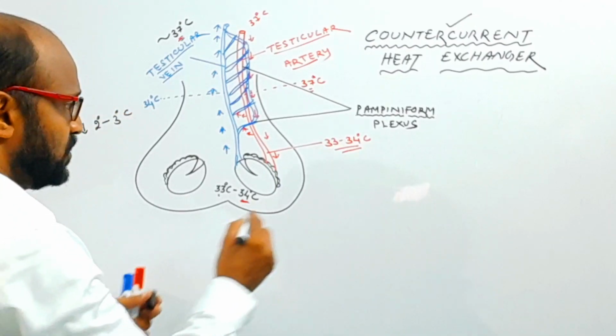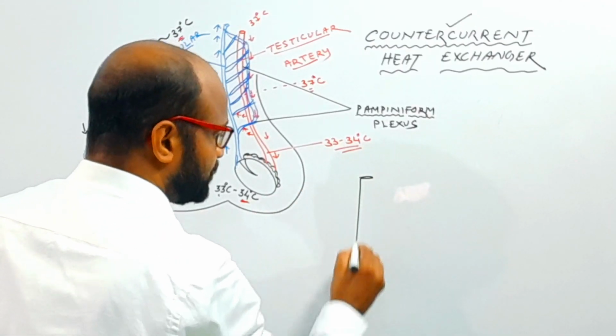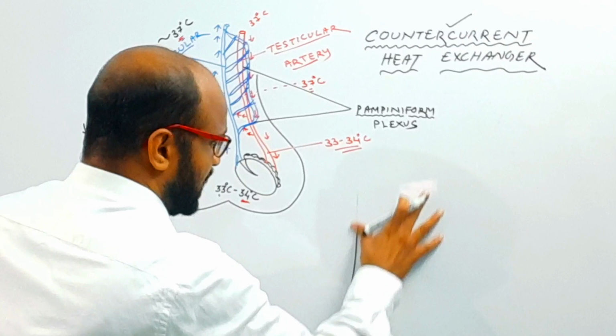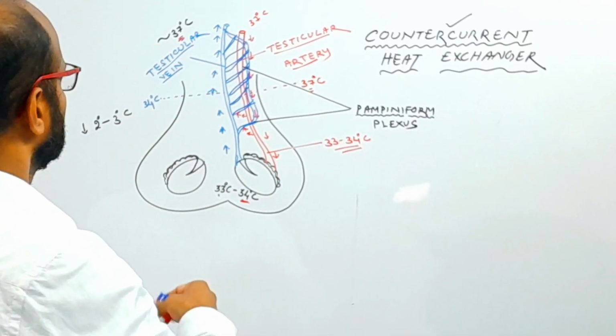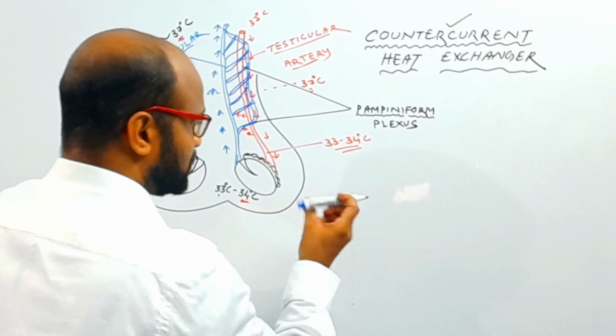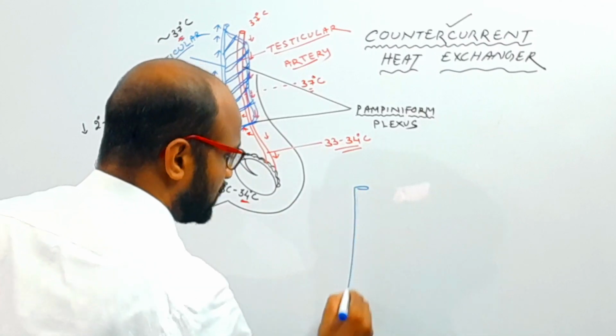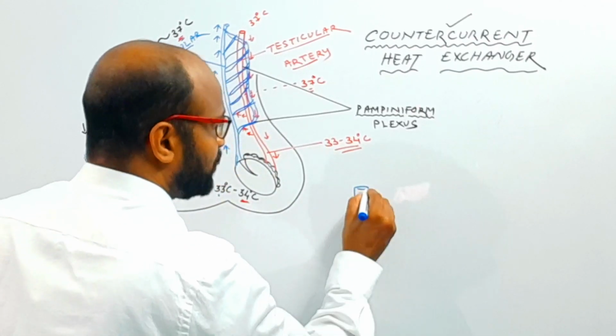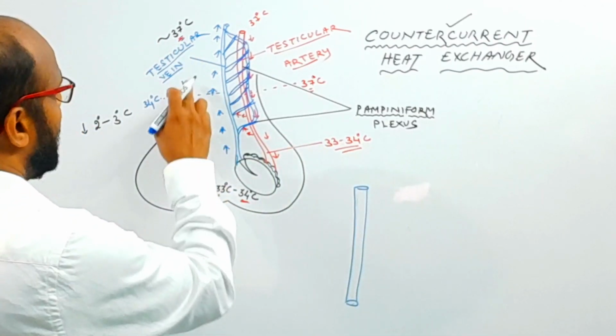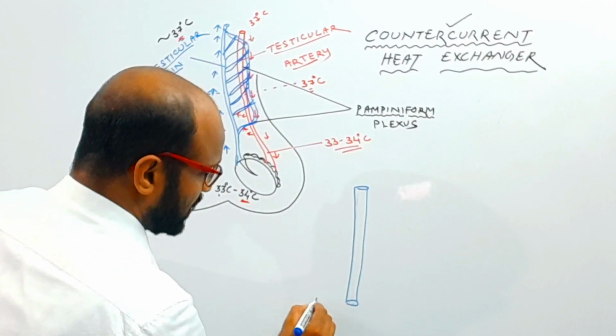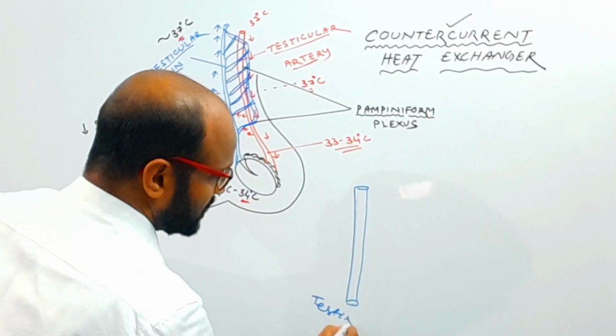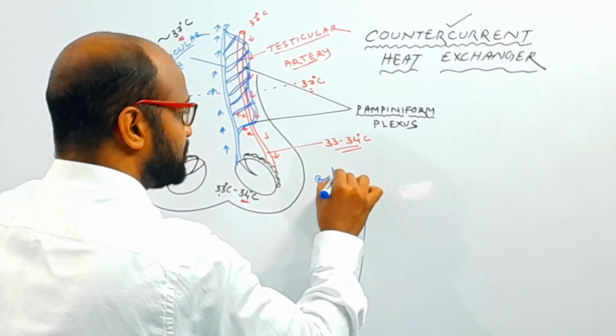Suppose this is one branch of a vein, and suppose this is the testis and this is the body.